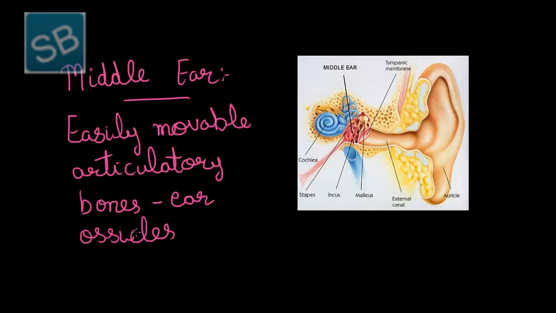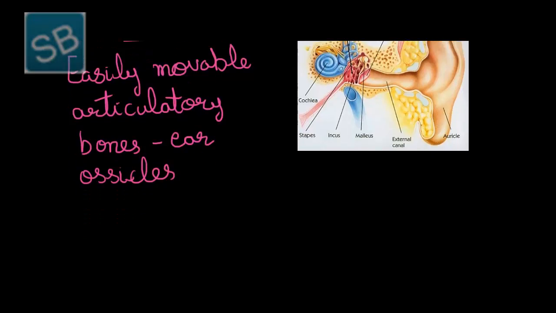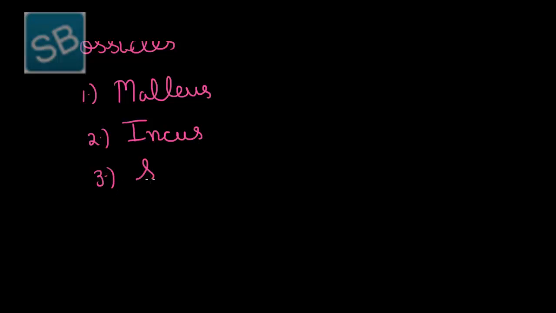Now, in middle ear, the ear ossicles are basically of three types. First, malleus, second incus, and third stapes. These three move gradually in the increasing order.